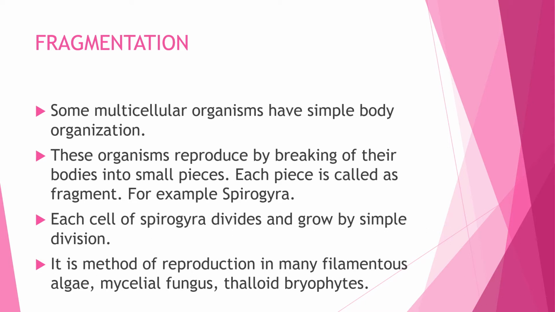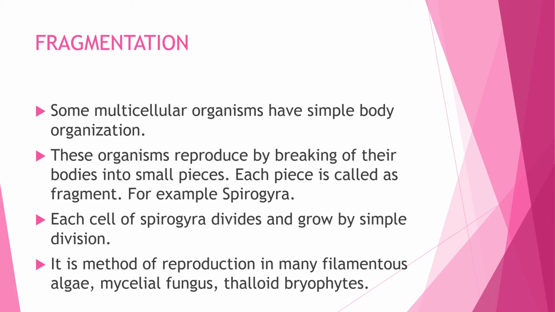We can take the example of Spirogyra, an example of a filamentous alga. The same parts are repeated in its filament, with a dividing wall called the septa between them. Septa is the dividing wall, and the same type of fragment is repeated in the filament. Spirogyra has this kind of structure.